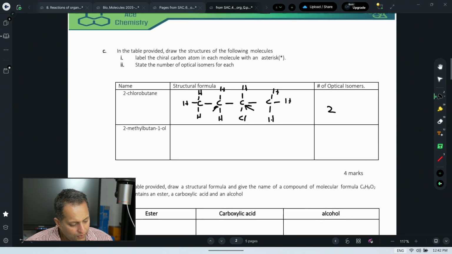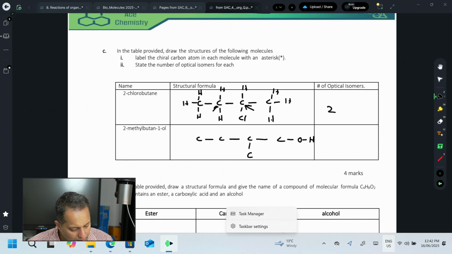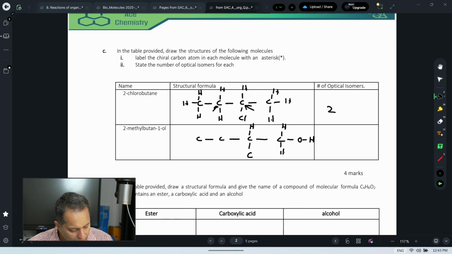So this is okay. 2-methylbutan-1-ol. Just do the 2-methylbutan-1-ol. So this is methyl. This one has also got a chiral carbon. Which carbon is chiral? This one. Just wait. Let me put a circle around the chiral carbon.